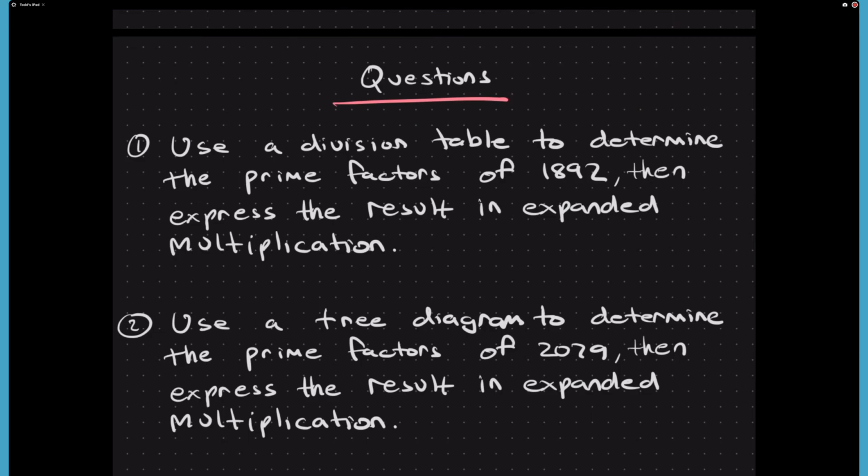Number 2, use a tree diagram this time to determine the prime factors of 2079, then express the result in expanded multiplication. So as we did before, pause the video, complete the work, and then restart the video again to see and check if your answers are correct.